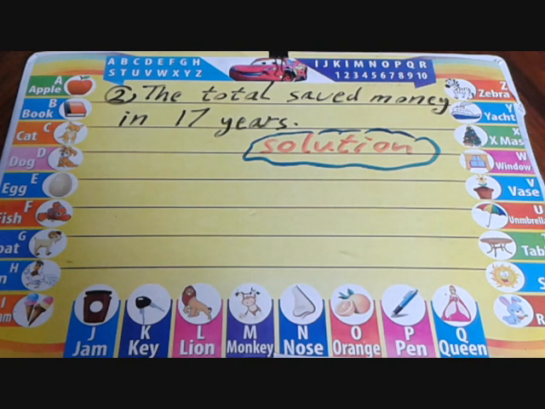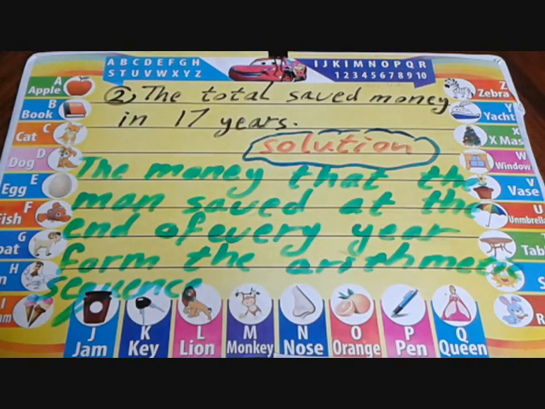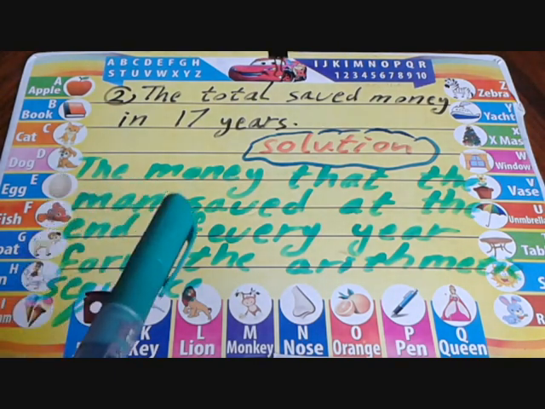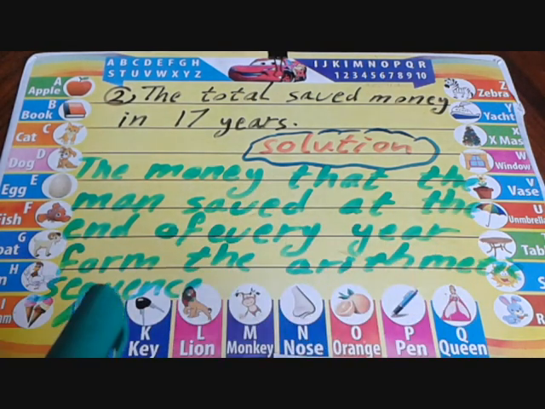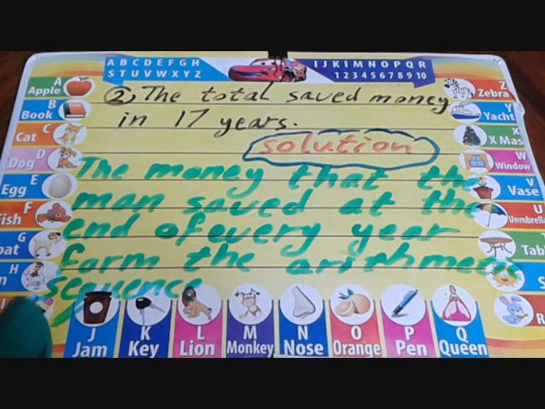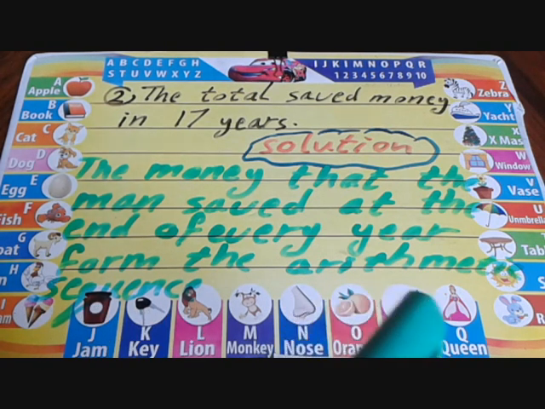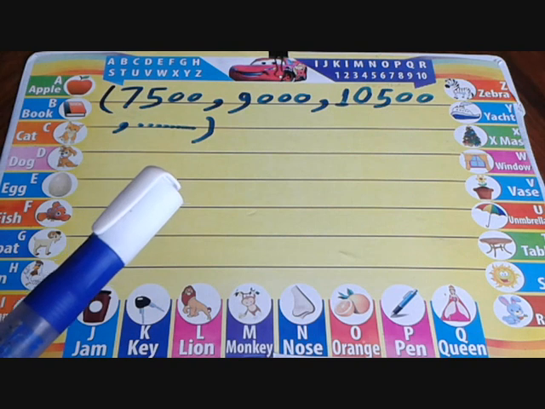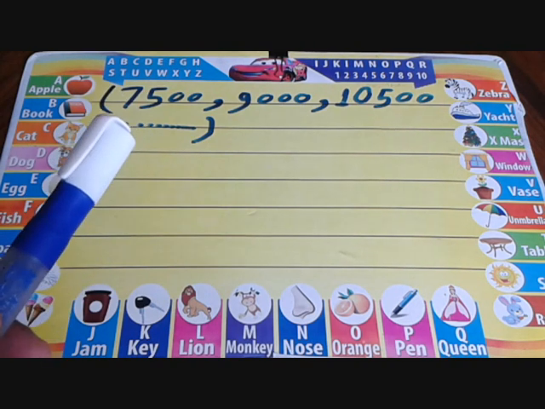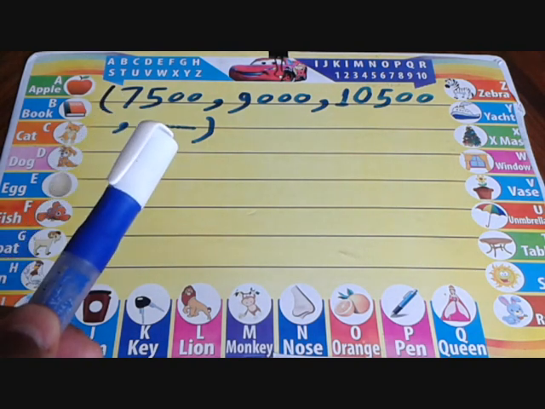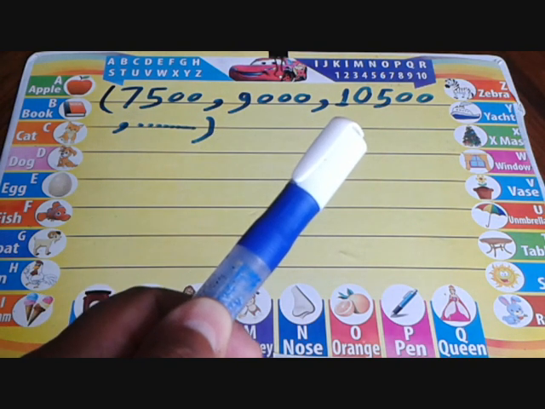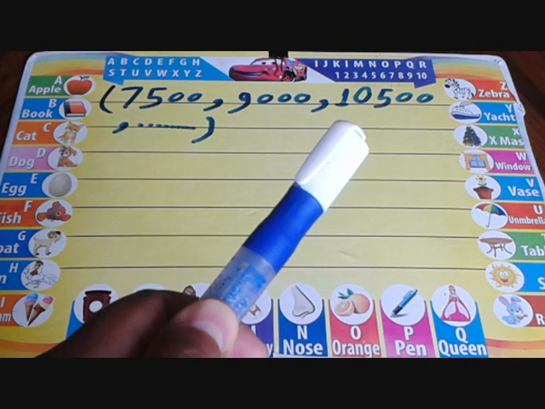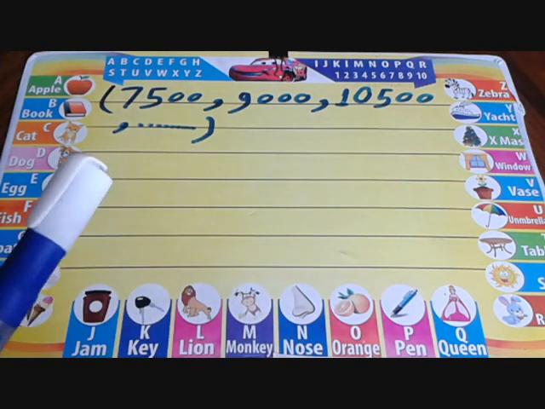Solution: the money that the man saved at the end of every year forms an arithmetic sequence, as you see: 7,500, 9,000, 10,500, and so on.